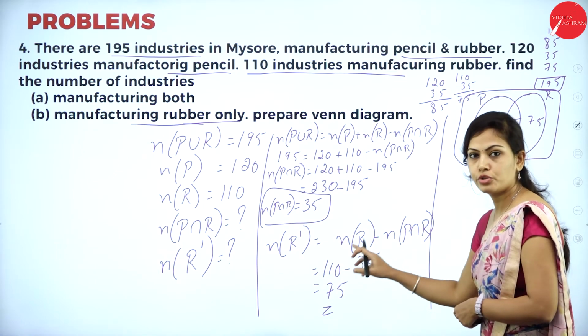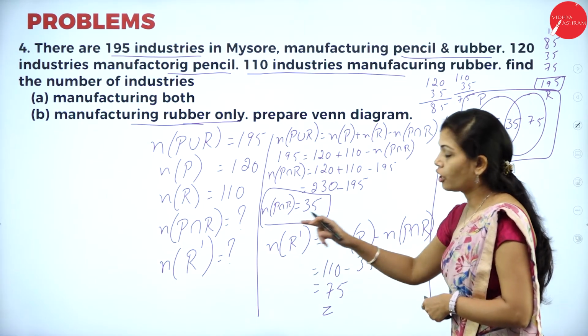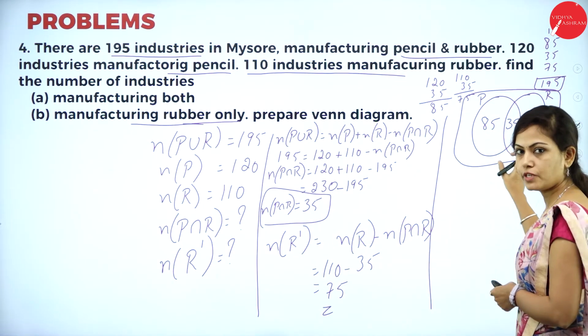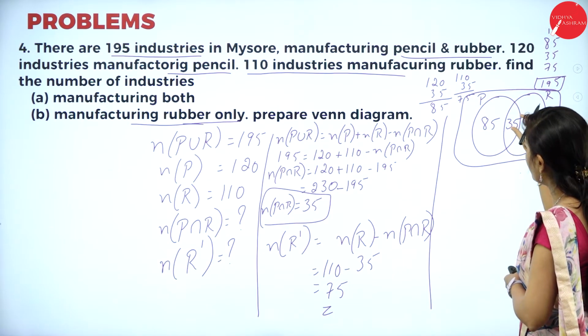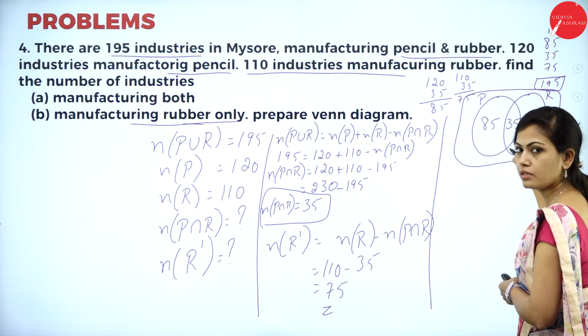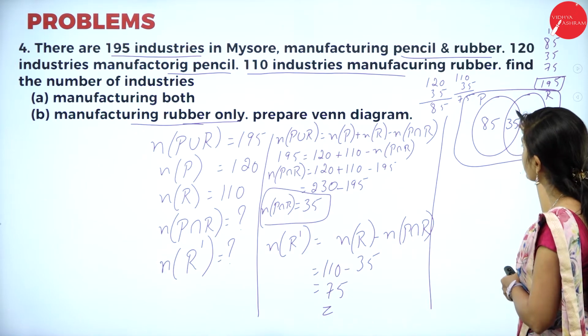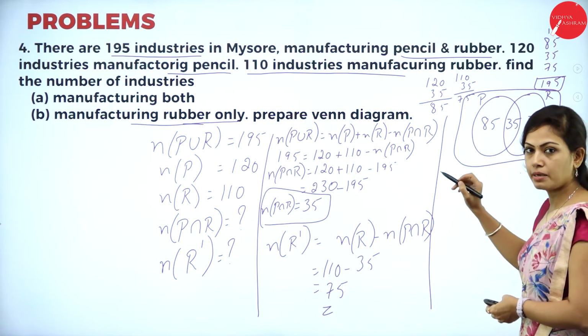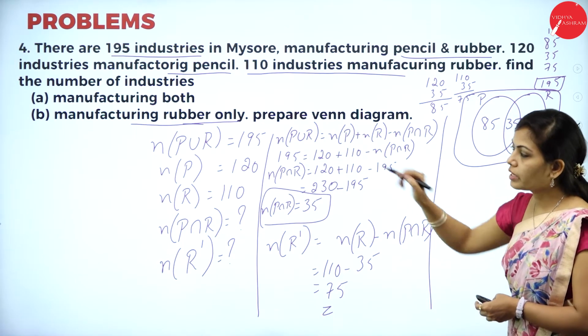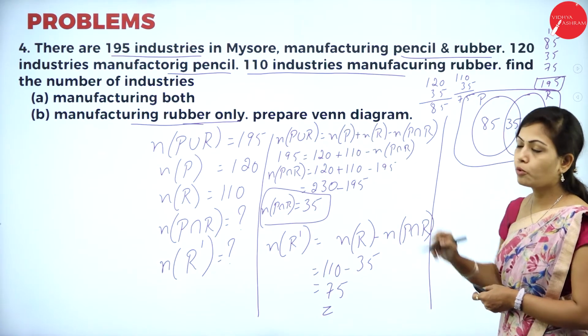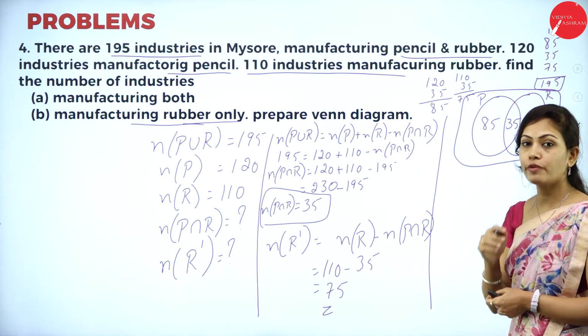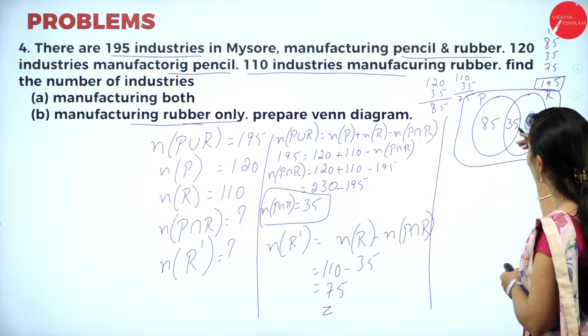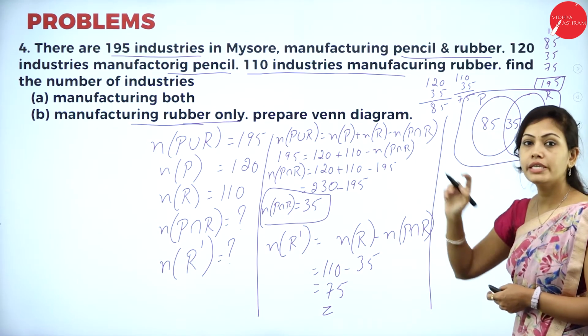So again you have to draw a diagram for N of R dash. So here in the first diagram, you know the value of P intersection R. That means how many industries can manufacture both pencil and rubber. That is your question number 1. Manufacturing both means how many industries can manufacture both pencil and rubber. So you have to shade one particular region.